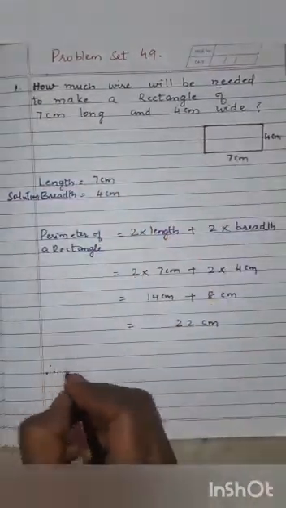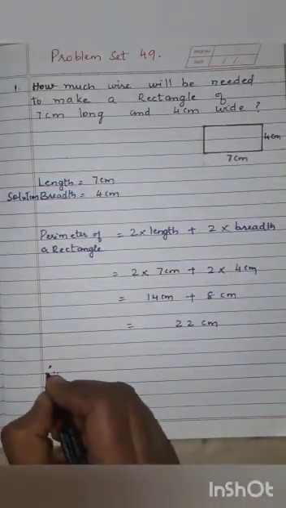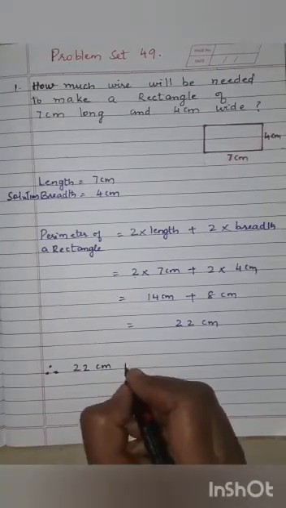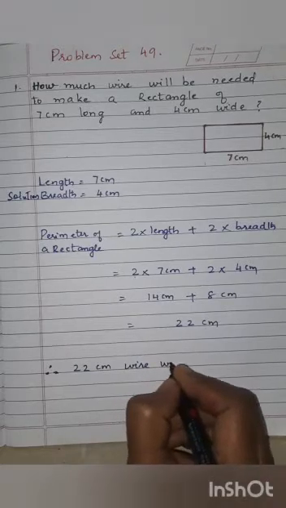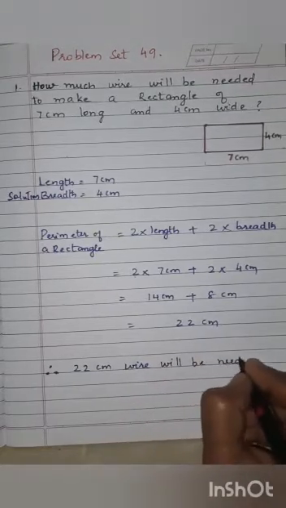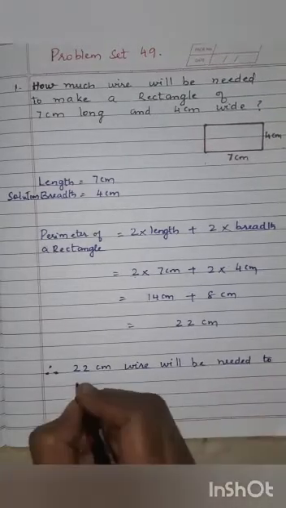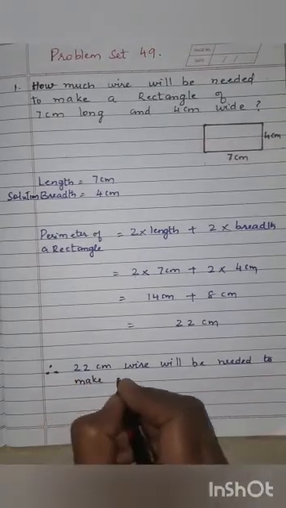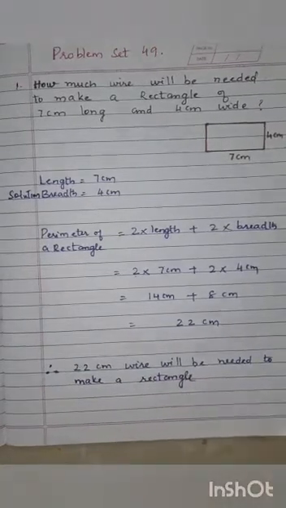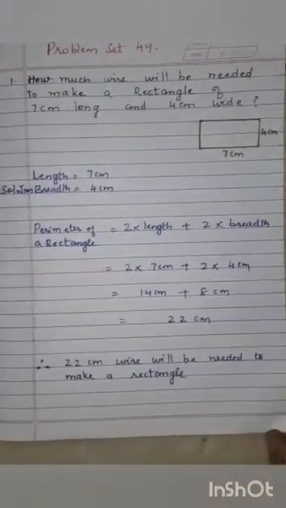So you will be writing as therefore 22 centimeter wire will be needed to make a rectangle. So in this way you have to write.